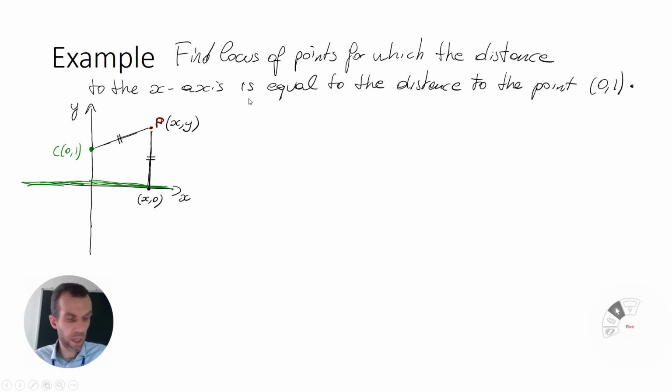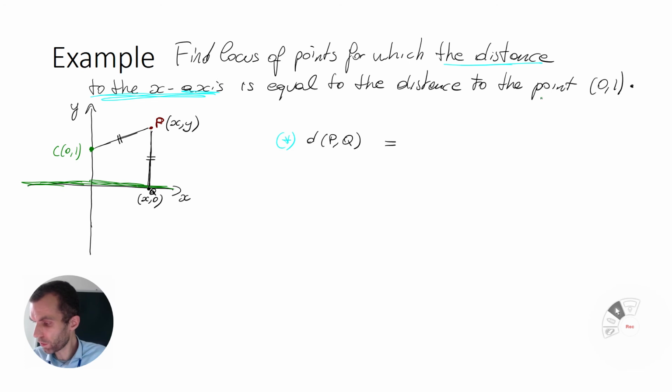So on the one hand here we have the distance to the x-axis. So let's put that here. So the distance to the x-axis, if we call this point Q, that is dpq. And that has to be equal to the distance to the point 0, 1.